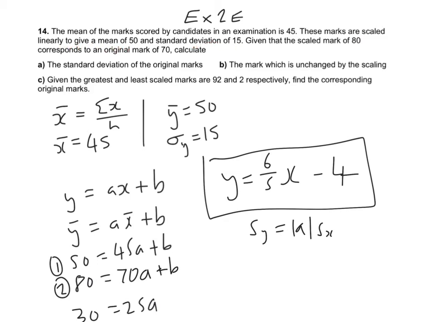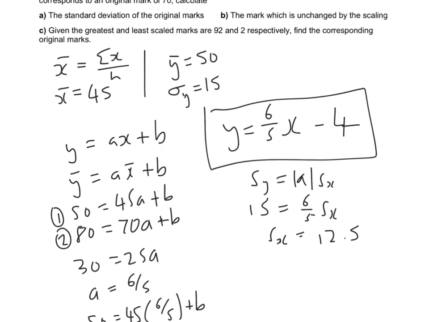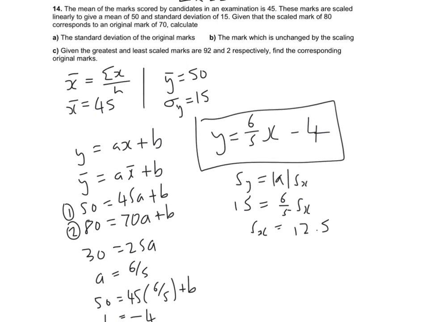So the new standard deviation would be 15. A, we know, is 6/5. So we can then work out the old standard deviation, and that gives you 15 times 5 divided by 6, which is 12.5. Okay, so the old standard deviation is 12.5.